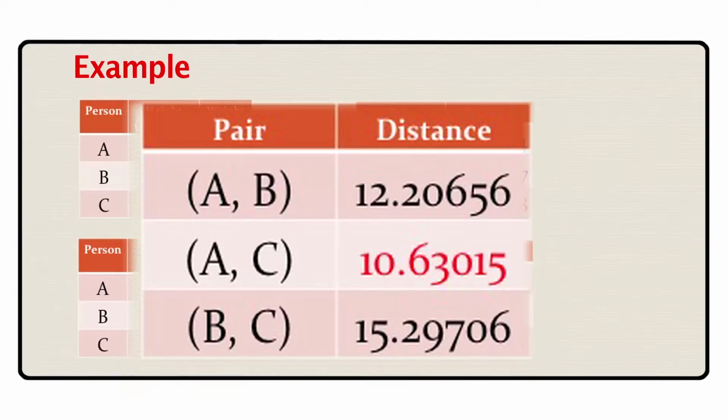So we now see that A and C are closer to each other. In the previous case, we had B and C closer, now we have A and C closer to each other.